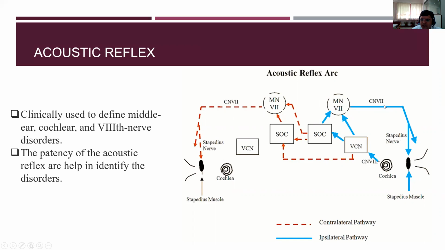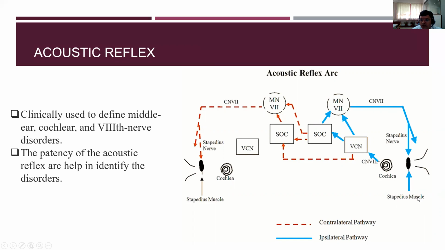So if there is any breakdown in the integrity of these pathways, acoustic reflexes will be absent in that individual, whether it is because of medullary issues or because of issues with these cranial nerves. And this response is primarily from the middle ear muscles, and in humans, it's the stapedius muscle which shows a contraction because of the stimulus presented.